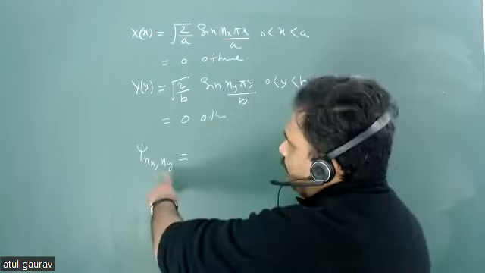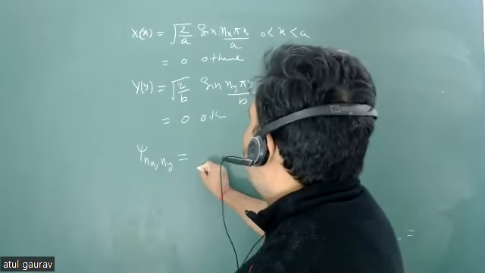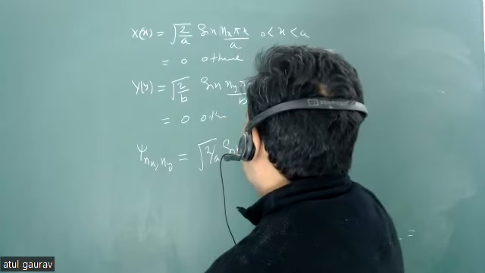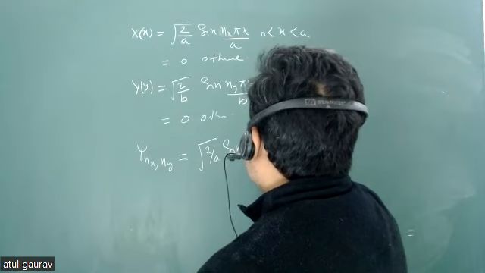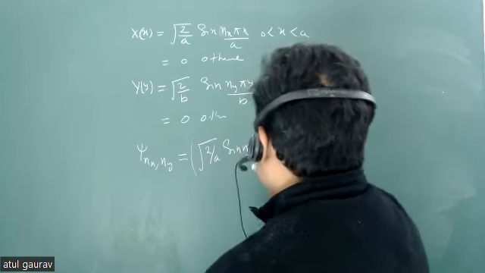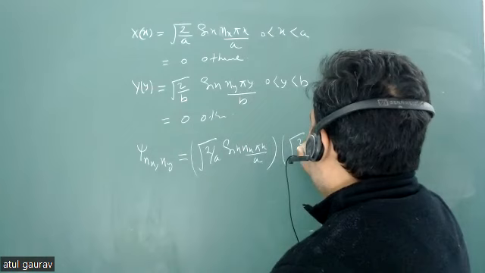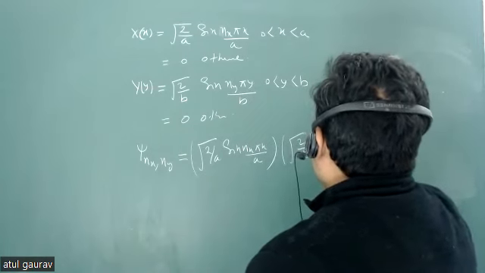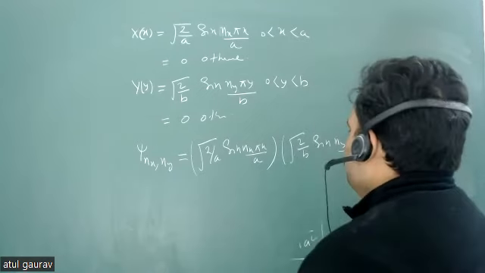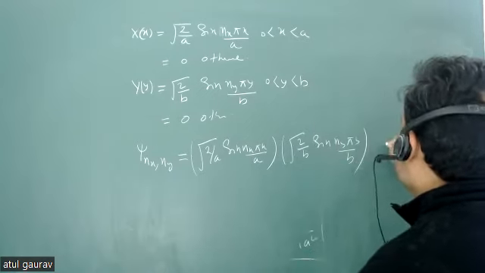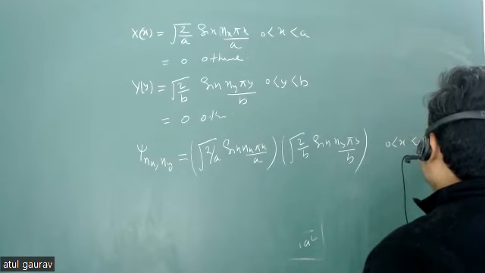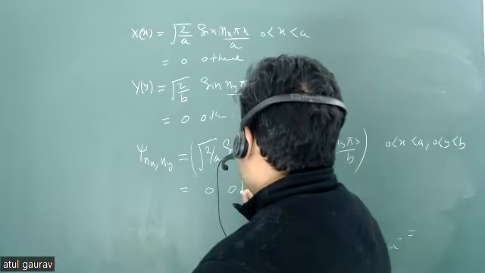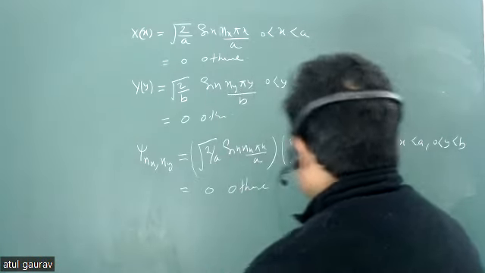And what is this? This will be root of 2 upon a sin(nx π x upon a) times root of 2 upon b sin(ny π y upon b) if x is between 0 to a, y is between 0 to b, and 0 otherwise, isn't it?